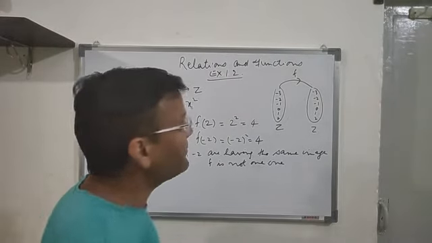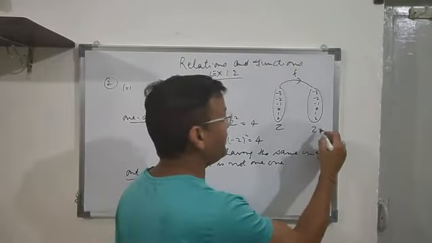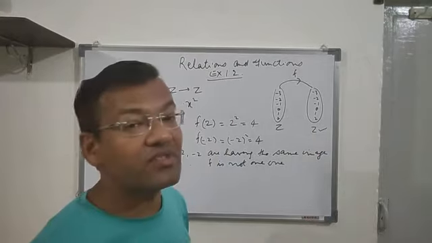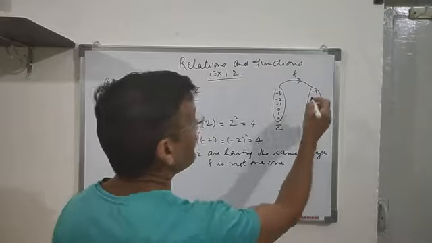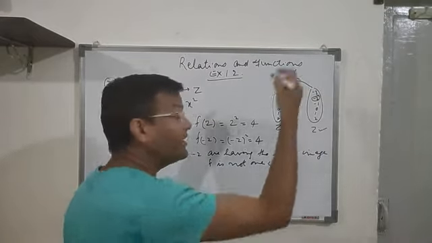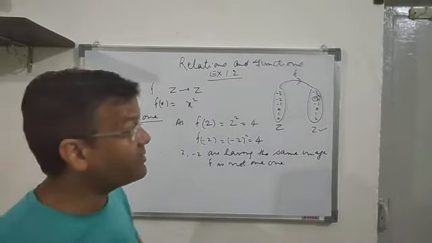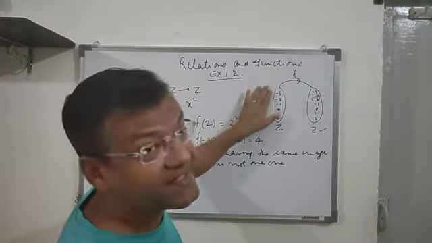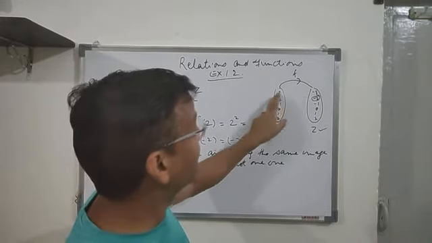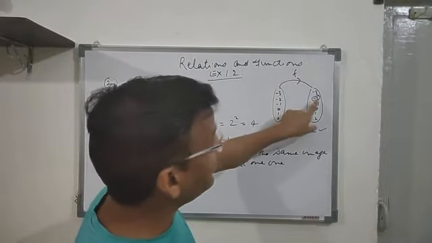Now all the elements of the codomain are not associated with some elements of the domain. You can see here that all the negative numbers are not the images of any element of the domain, because you cannot get the square of any number as a negative number.